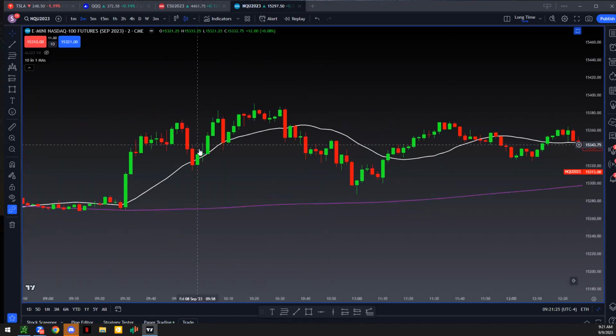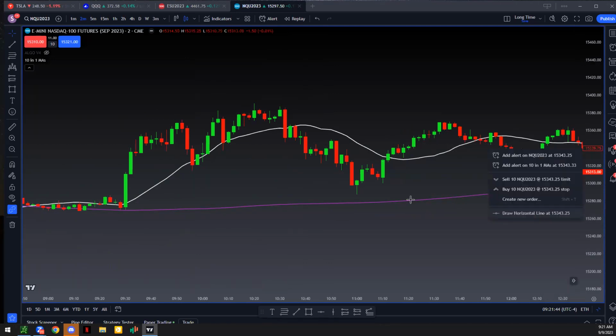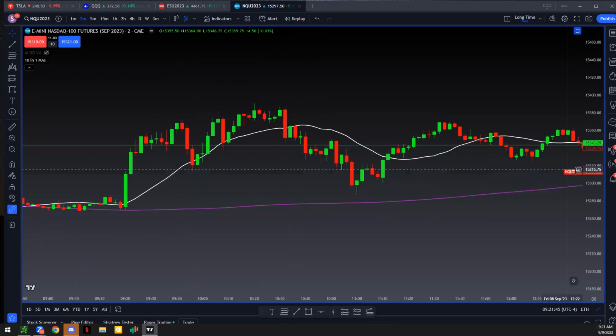Okay, so let's say we got this nice pullback to the 20. Price action is above the 20 and the 200, and we're near the 20, on top of it. That's fine. We got a nice red candle here. It closed. We can say, okay, we're gonna put our buy right above the red candle and our stop below the red candle.